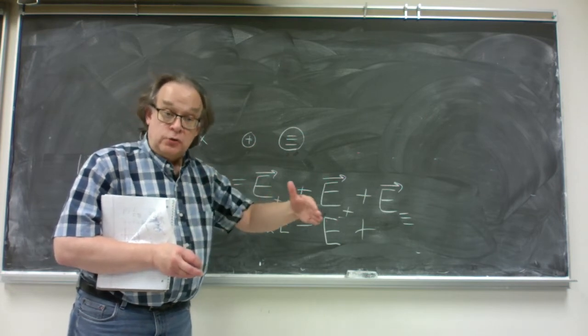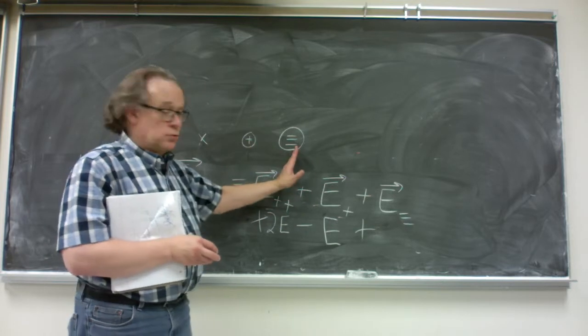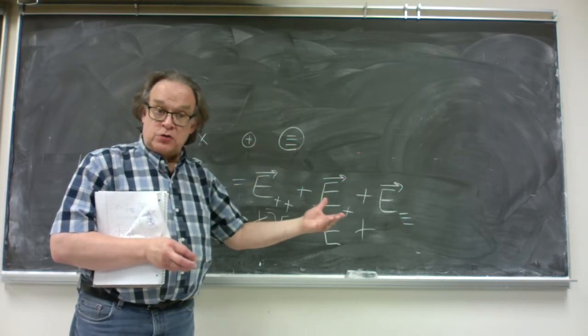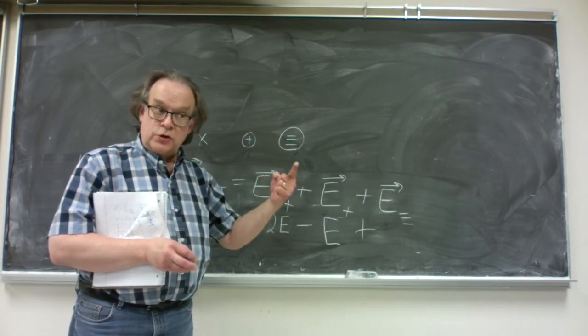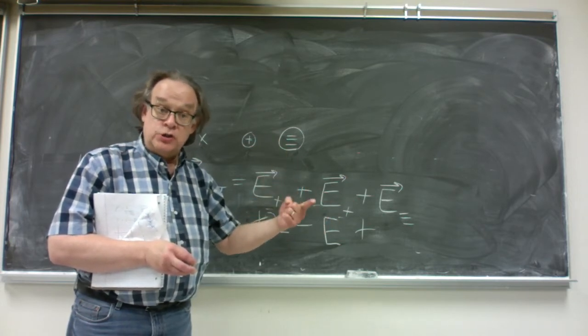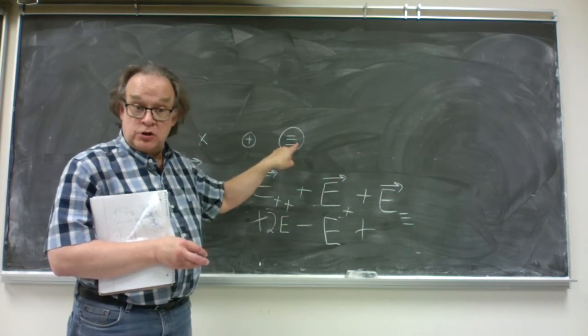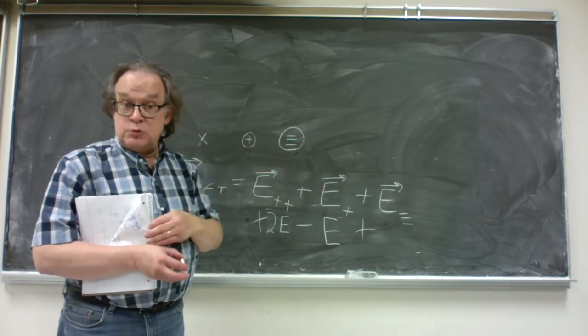Then 1 unit of charge twice as far away, 2 steps away, has only 1/4 as much field, 1/4 E. But this is 3 units of charge, so 3 times stronger than that. 3 times 1/4 E.